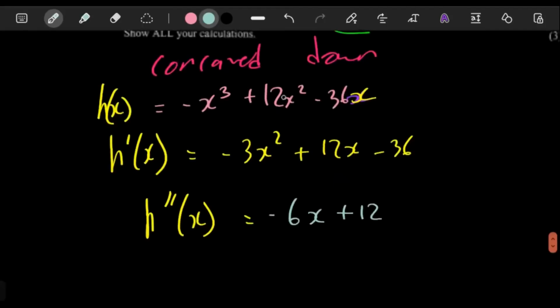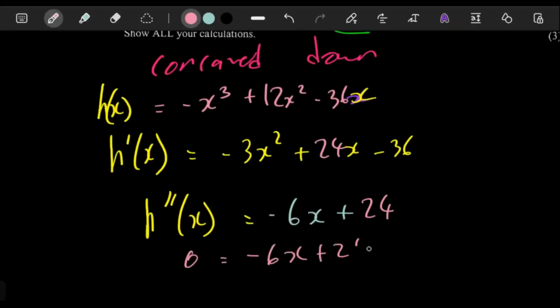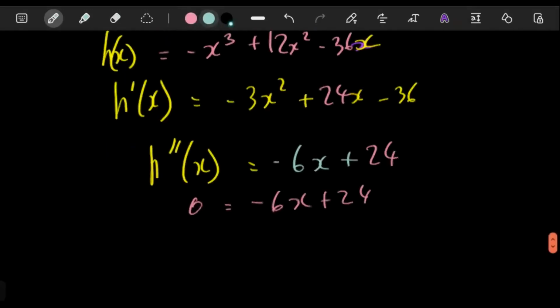Why am I even rushing? It's supposed to be 24 here. Come on. 24. So now you can see if we differentiate this and make it equal to 0. I should have just used the midpoint of the x-intercepts, but anyways, here we are already.